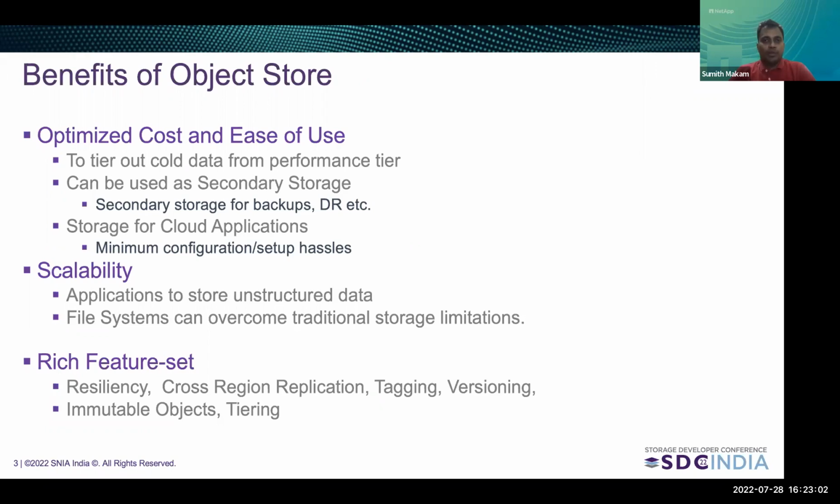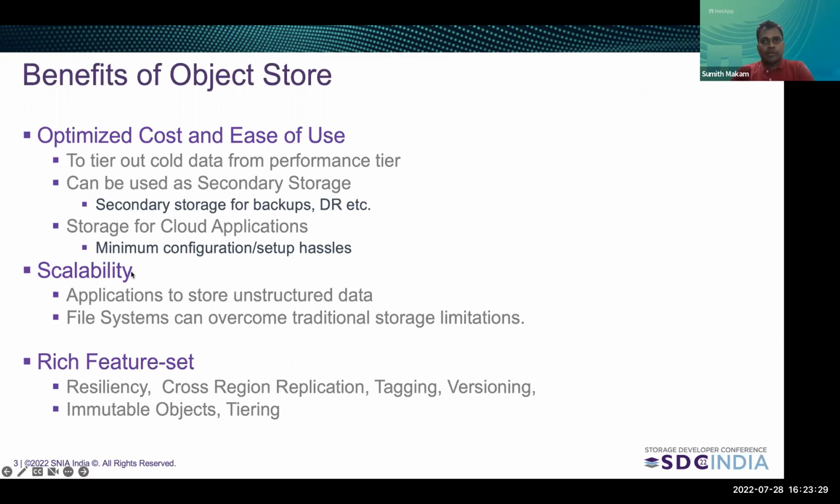Moreover, the capacity will be limited. Once attached, even if the storage is not used or there is not much IO on the drive, the space will still be billed. But in case of object store, applications can access it across various regions, and the charging is based upon the usage and storage that is used rather than the provisioned space.